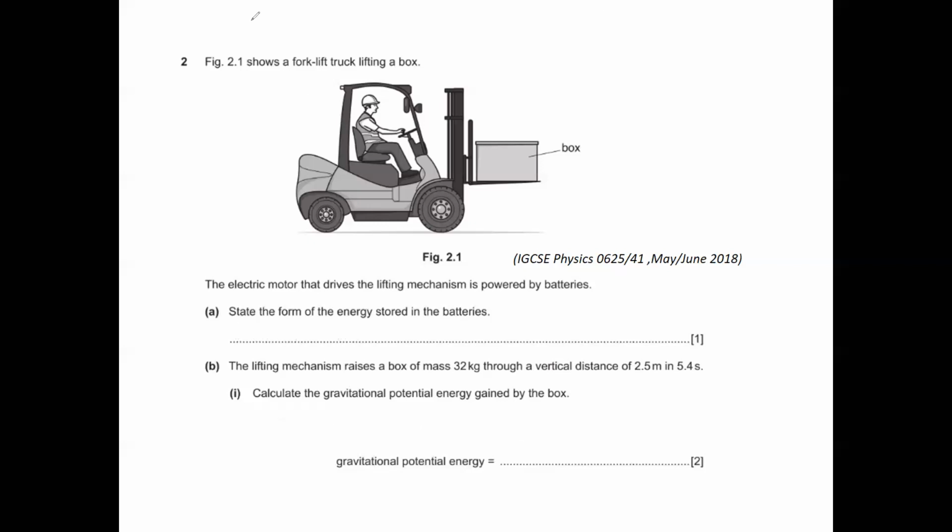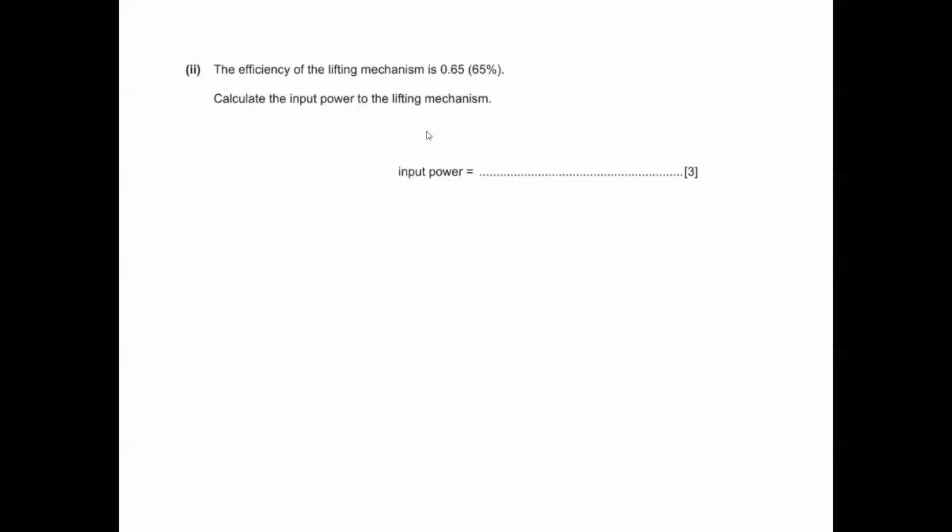And then for the next one, the efficiency of the lifting mechanism is 0.65 or 65%, and the question is to calculate the input power to the lifting mechanism.